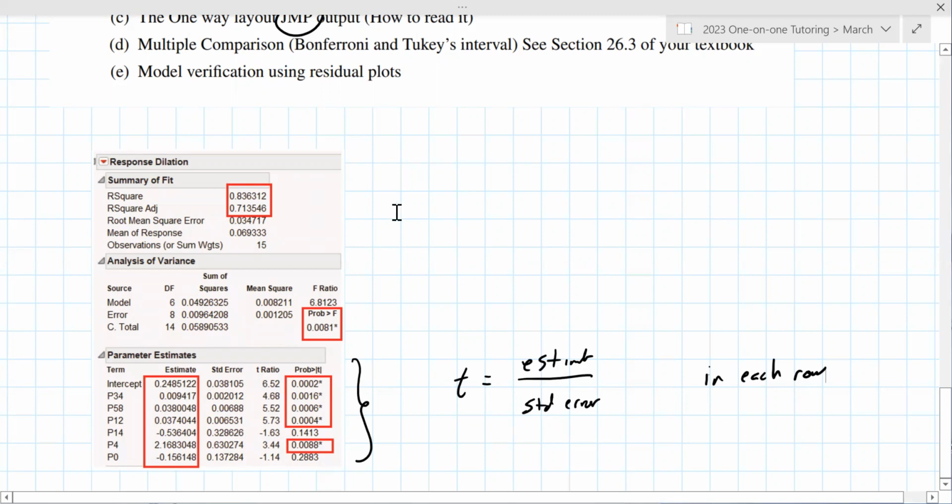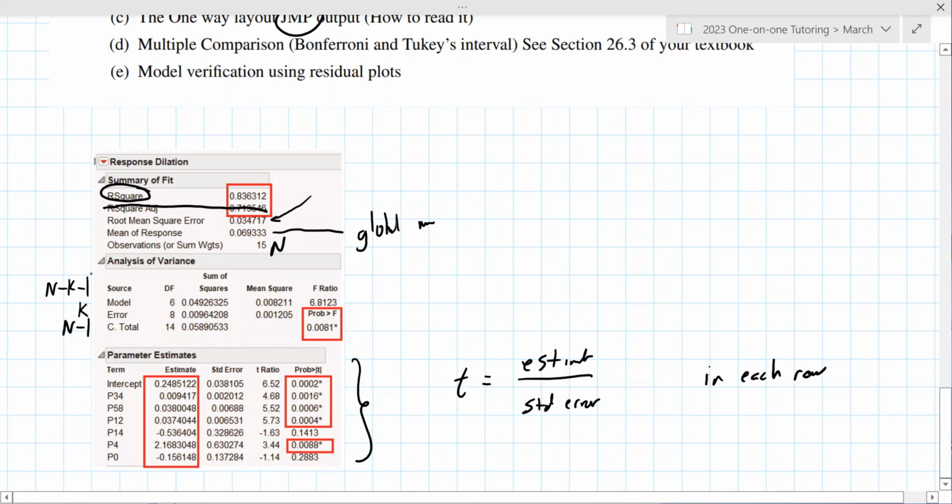I'm just making sure I understand each one. You rarely use the R square adjusted; you generally just use R square. We talked about how to calculate the root mean square. The mean of the response is the global mean. Total observations, that's your big N. This is N minus 1, this is K, and the first one is N minus K minus 1.